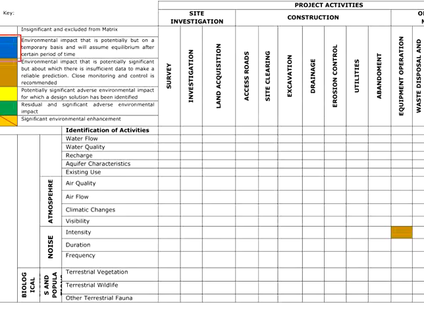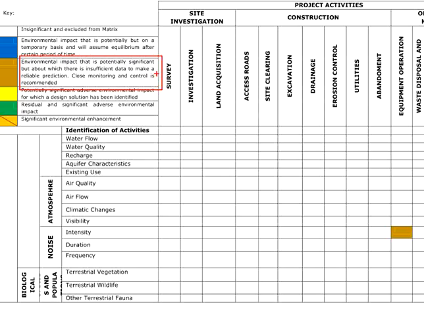Blue color means the environmental impact is potentially significant but on a temporary basis, and we assume equilibrium after a certain period of time. Next, environmental impact that is potentially significant, but for which there is insufficient data to make reliable predictions.